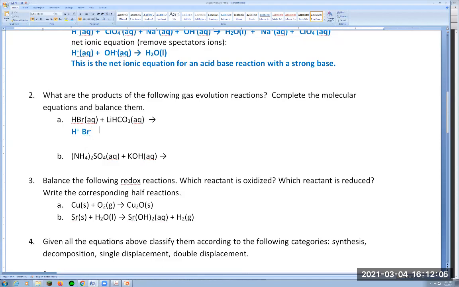And from LiHCO3, we recognize the Li+ ion. Li is an alkali metal from group 1A, so it's going to be a +1 ion. So what is HCO3? Let's look at the list of polyatomic ions, because that's a polyatomic ion.